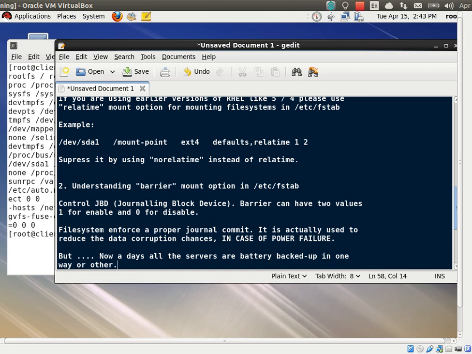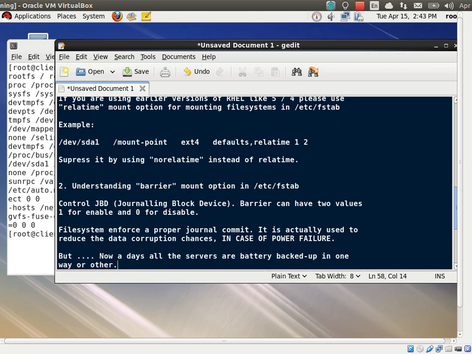What will happen if I am writing something and the power goes off straight away and the file system journal was not committed? Barrier 1 was to make sure that the journal is committed before it flushes the write cache.